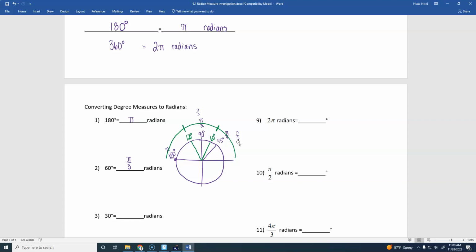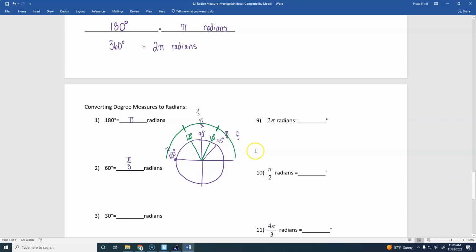You'll find shortcuts that basically do the same thing. But I teach proportions because it works if you're going from radians to degrees or degrees to radians. Or you could have two separate rules for each one. If you prefer creating rules, you can come up with your own thing.